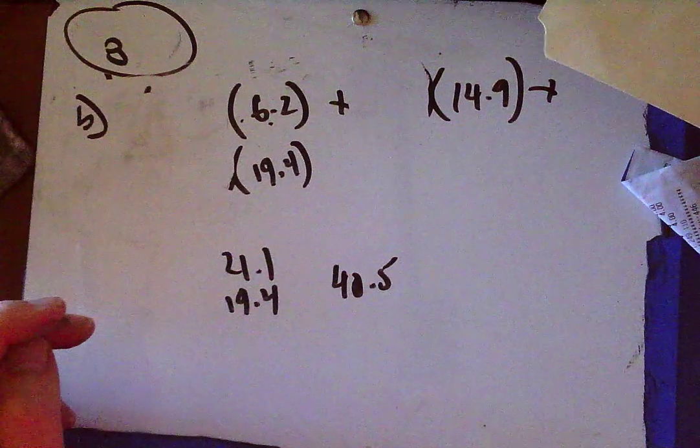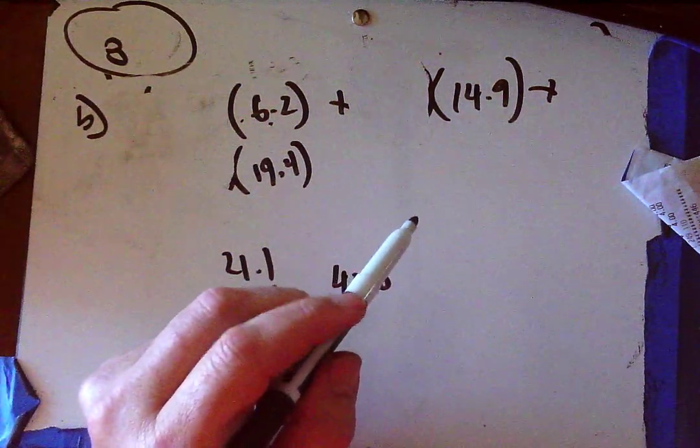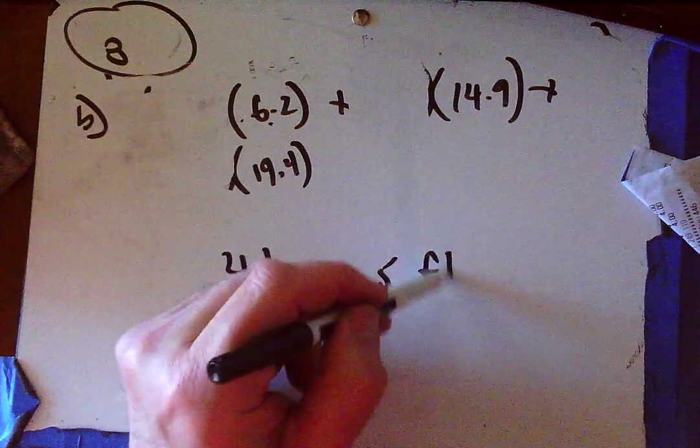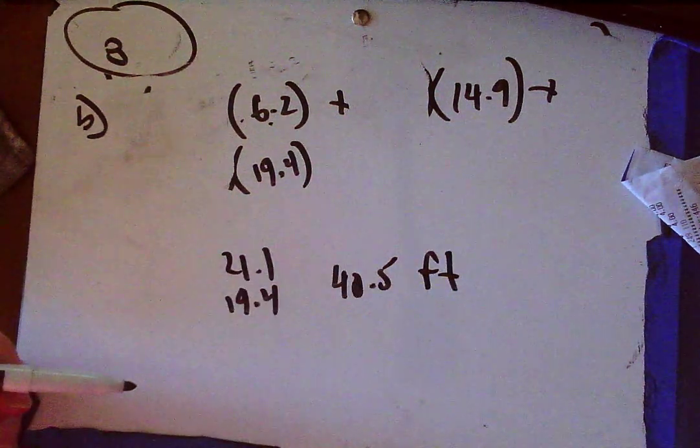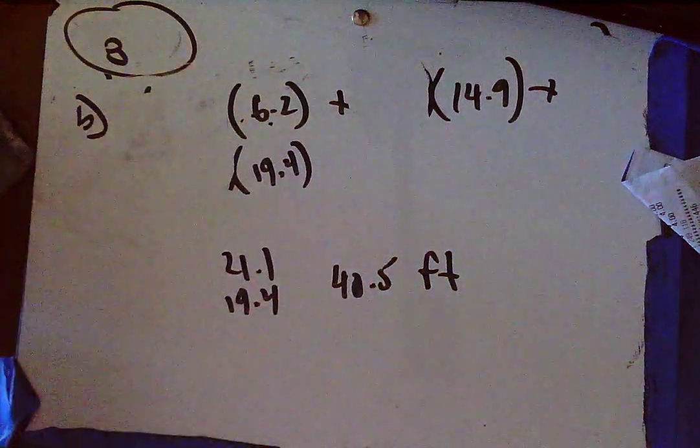That seemed pretty reasonable. And since we're given some units here, we know the antiderivative would be feet because velocity is feet per second.